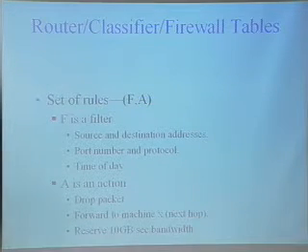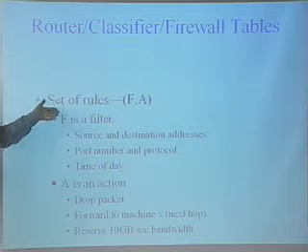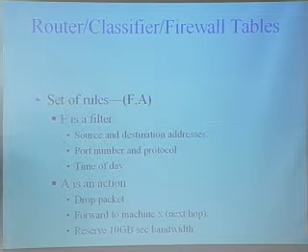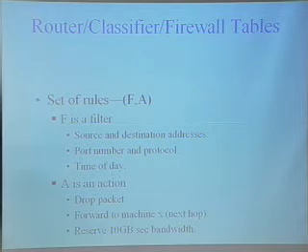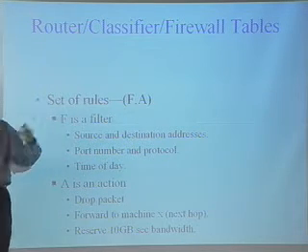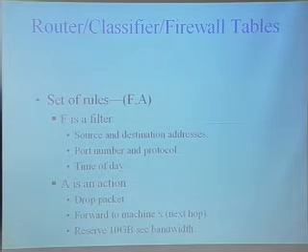These are really sets of rules, each table is a set of rules, and a rule has two components to it. There's a filter, which is a Boolean expression, and the components of the Boolean expression are pieces of data that you can find in the header of a packet that's trying to move through the network. Okay.